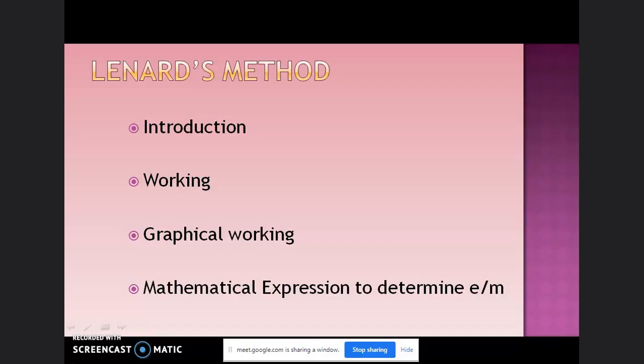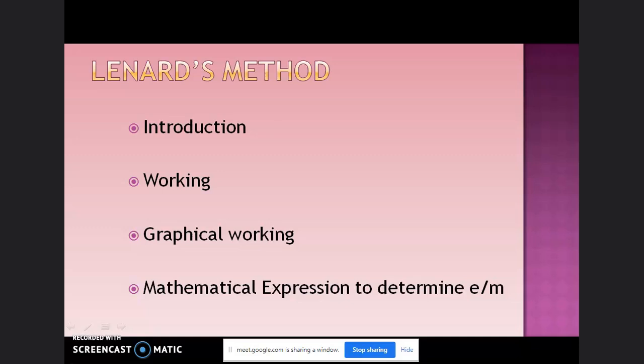Today we will study Lenard's method. This Lenard's method consists of introduction, working, graphical working, and mathematical expression to determine the e by m ratio, where e is the charge on the electron and m is the mass of the electron.